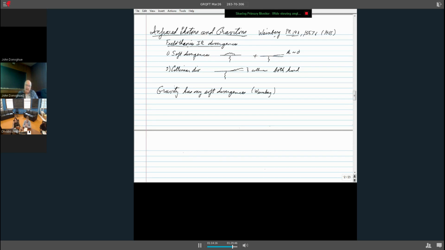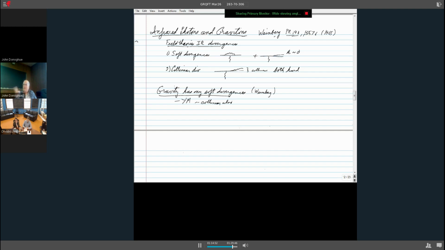And the second type of divergences they have are collinear divergences. So in this case, the typical process looks the same. You're radiating an extra photon or graviton or gluon, but here these are almost collinear, but they're not soft.